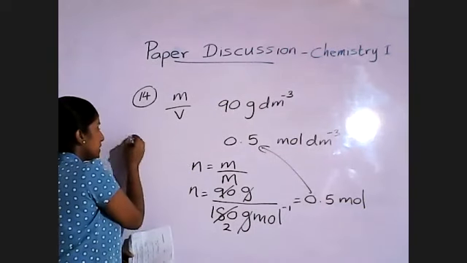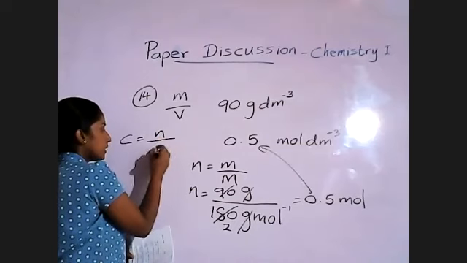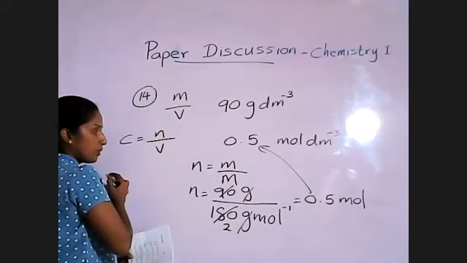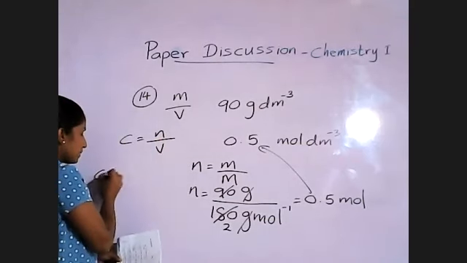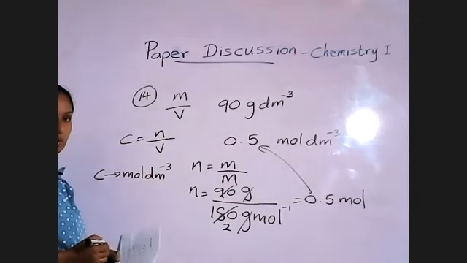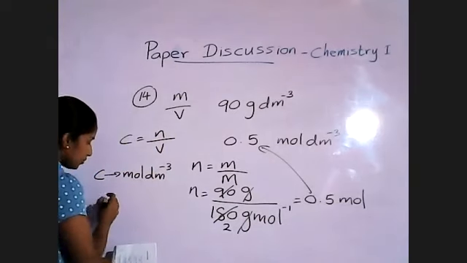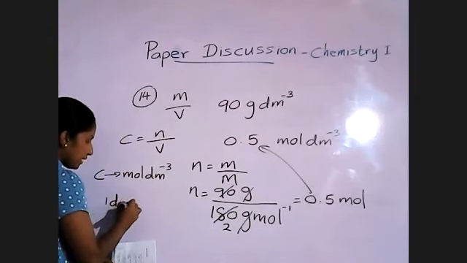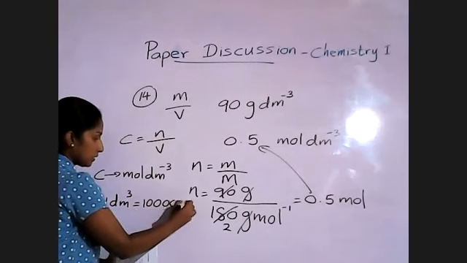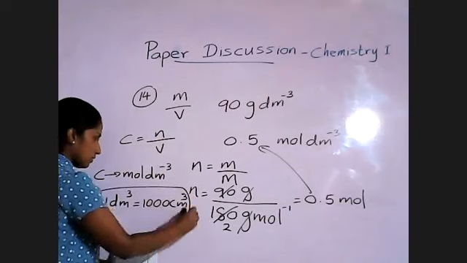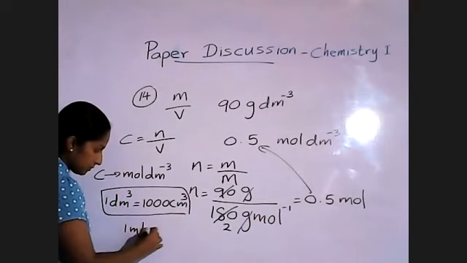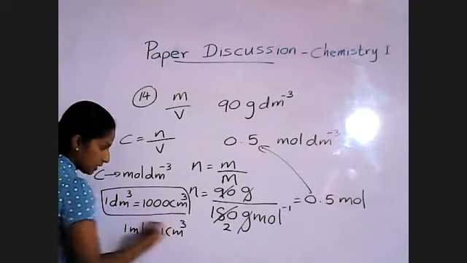Concentration means number of moles in a unit volume. Most probably we are given the concentration in moles per cubic decimeter. Here you have to remember this: 1 cubic decimeter means how many cubic centimeters? 1000. And 1 milliliter means 1 cubic centimeter.